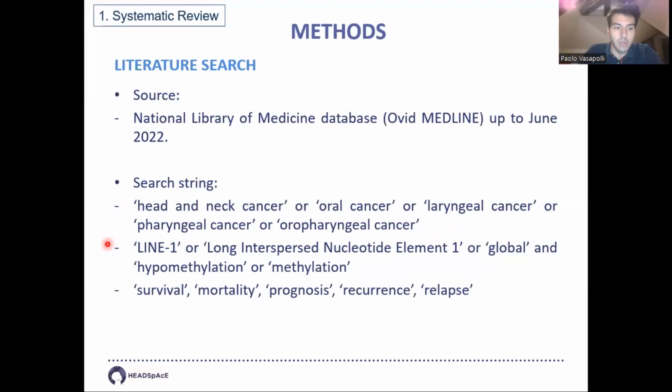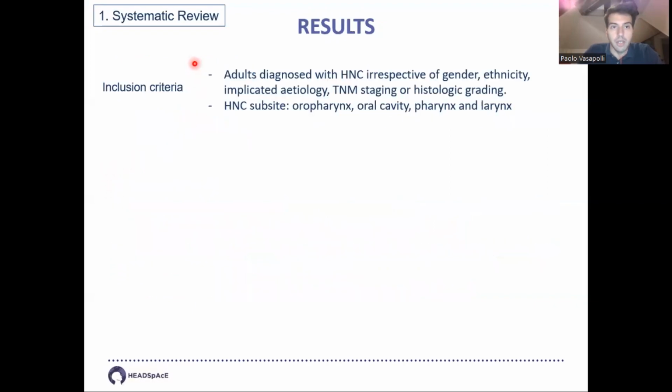Then we also used a subgroup of keywords related to the LINE-1 gene and the gene modification, hypomethylation and methylation, and also a specific subgroup for the prognostic outcome that we could have from this type of studies. This literature was also filtered using inclusion criteria.